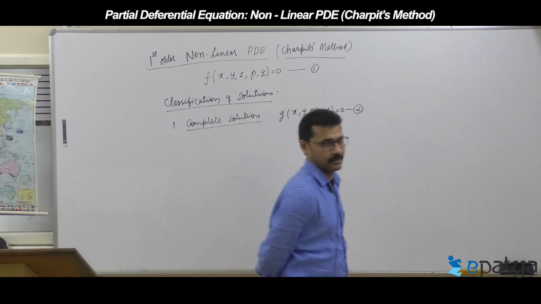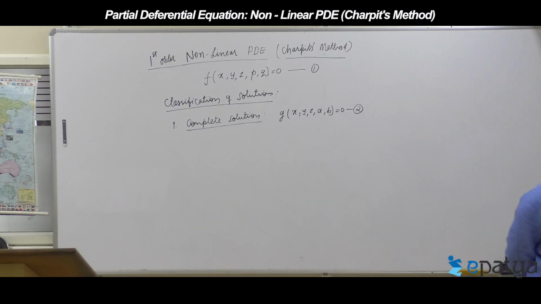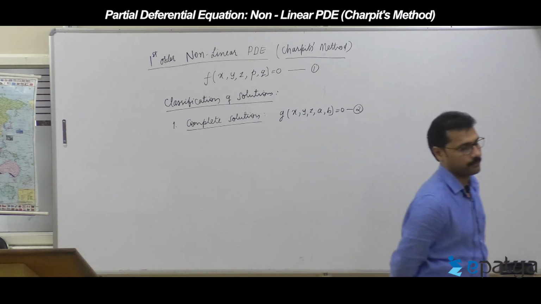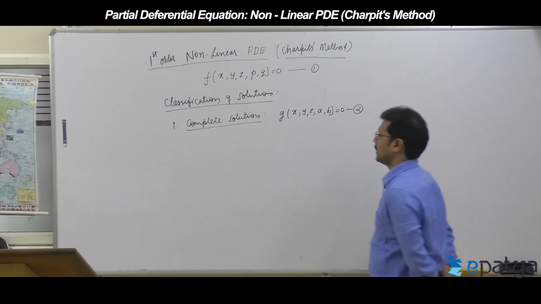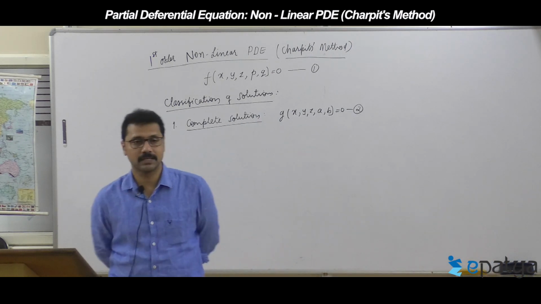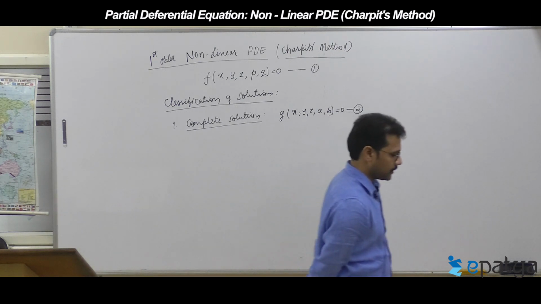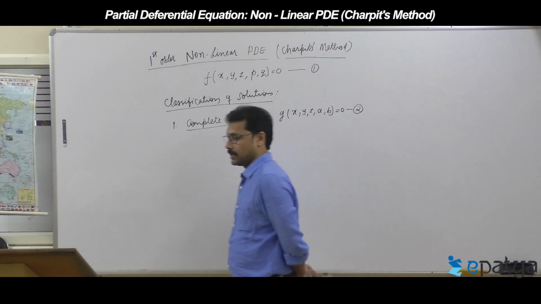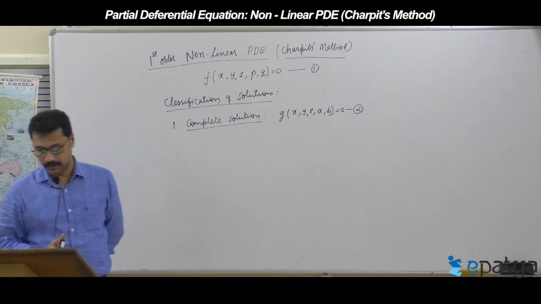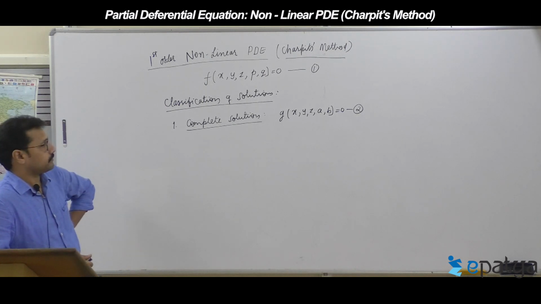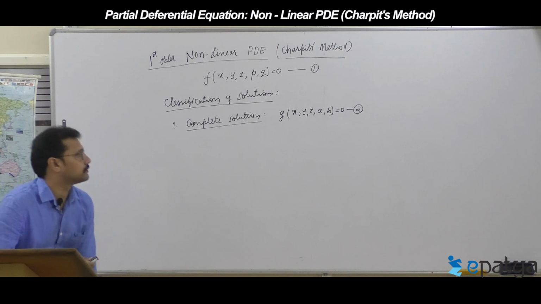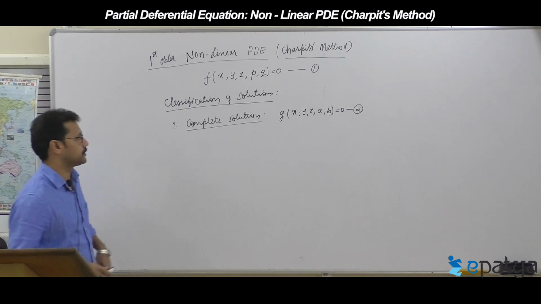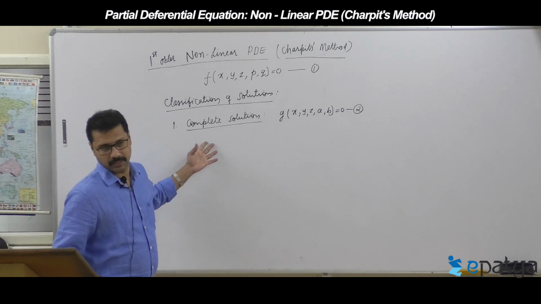Because since we are in first order and I have two independent variables, in the first order I can accept two arbitrary constants. So any solution which contains as many arbitrary constants as the number of independent variables is called a complete solution. I think this is something which everyone knows.